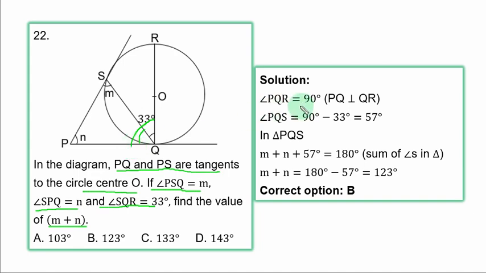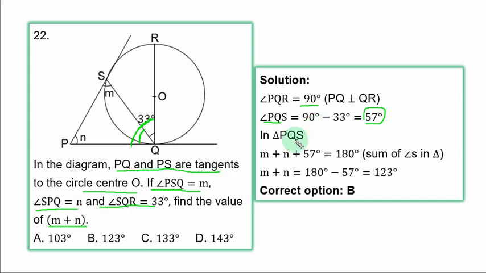Now the whole of this angle PQR is 90 degrees. That is because PQ is perpendicular to QR, and in that place we get PQS, that is this smaller part, by subtracting 33 from the whole 90, and that is 57 degrees.